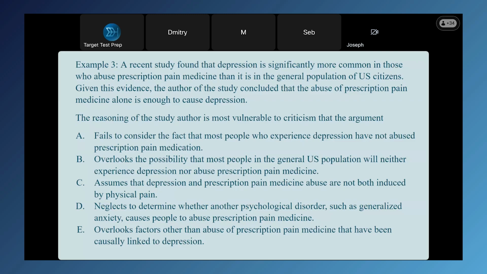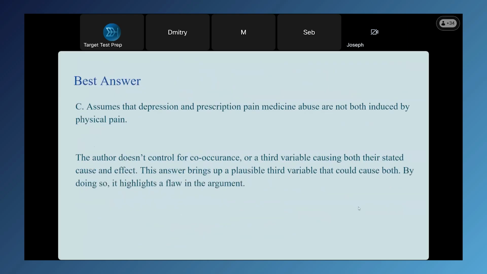Like I said, the fact that you think a cause leads to an effect does not mean that you think that's the only way to get that effect. Sunlight can help plants grow, but so can water. So saying that sunlight helps plants grow doesn't mean that water doesn't help them grow. You're just saying that sunlight does help them grow. So our best answer is C. Any questions about that one?